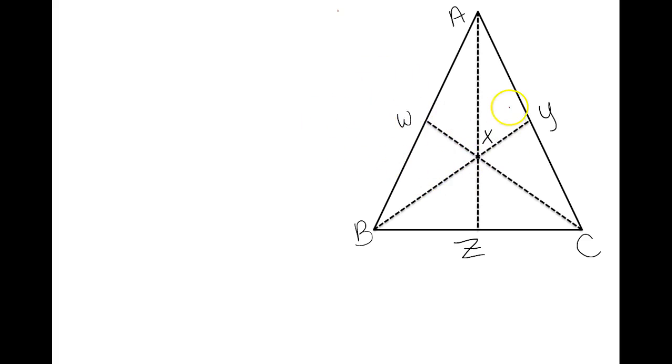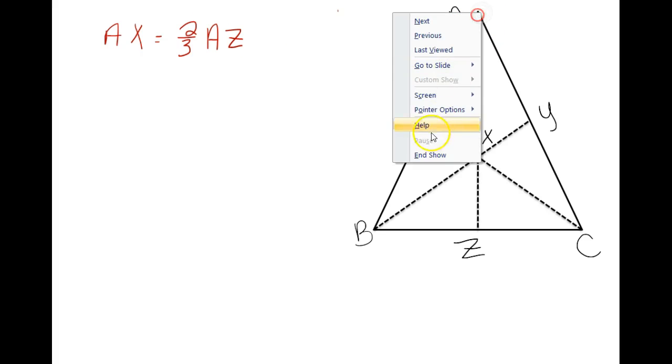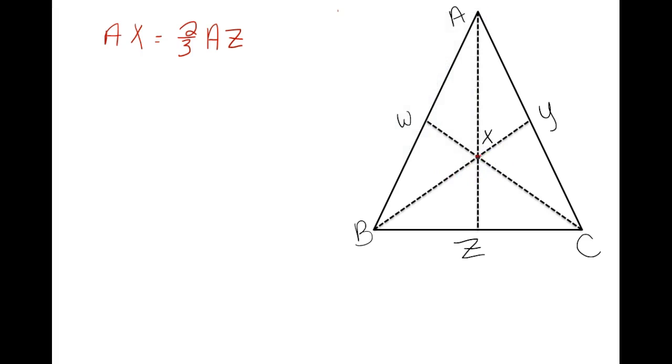First of all, you will see that from A to X, from that vertex to the centroid, that is equal to 2/3 of the entire segment. So from that vertex to that centroid is 2/3 of the entire segment, okay?